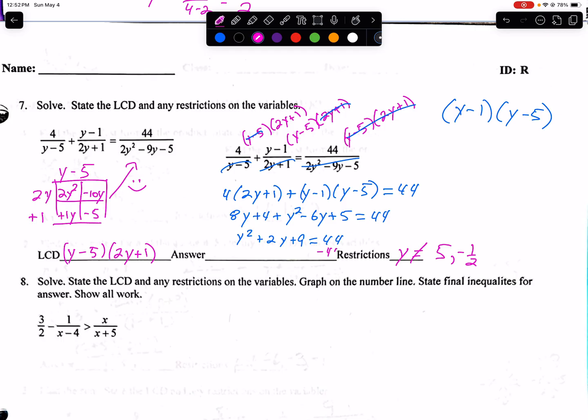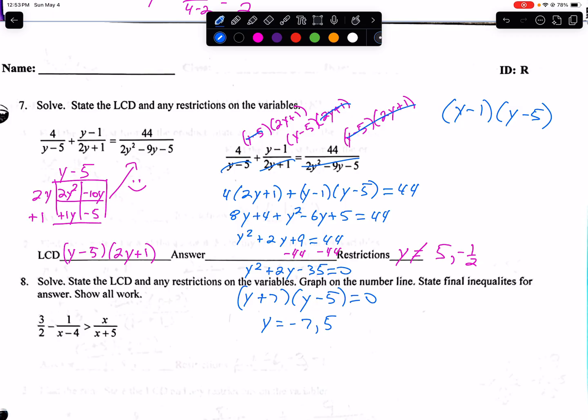So negative 5 minus 1 is negative 6 plus 8 is 2. So it's plus 2y, plus 9, equals 44.